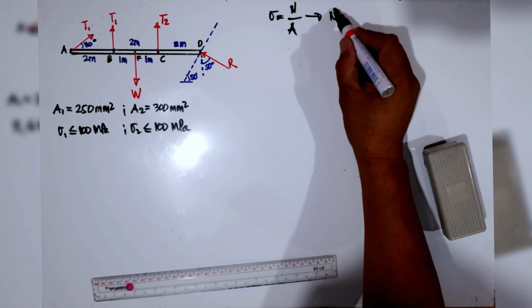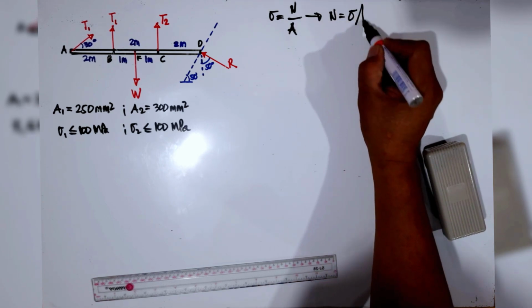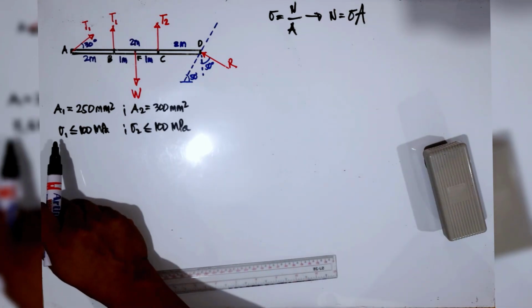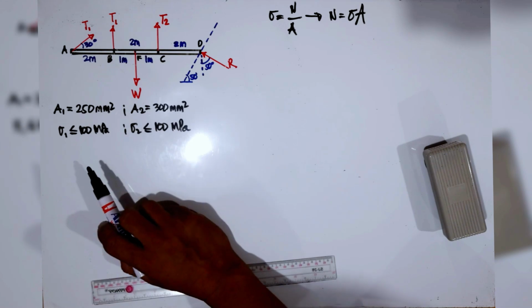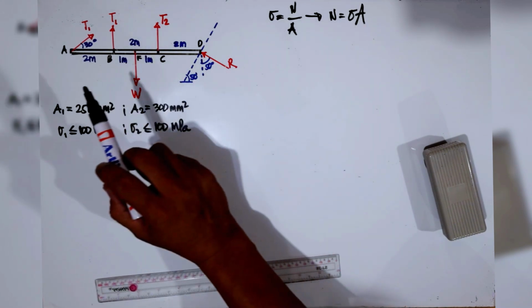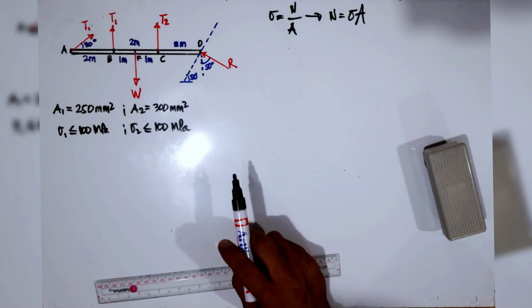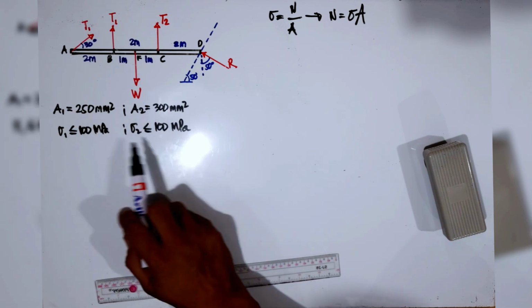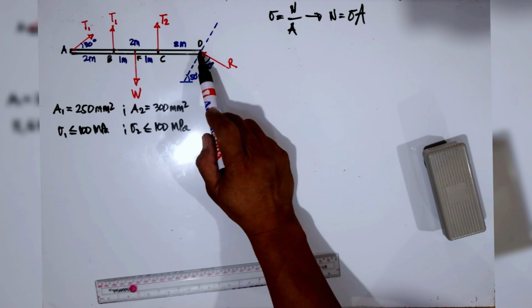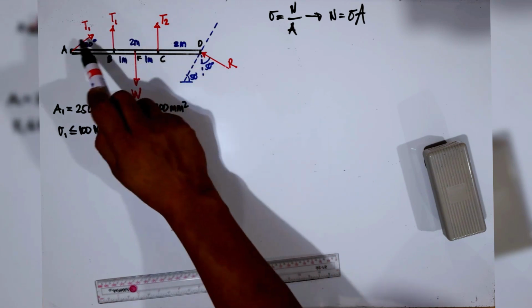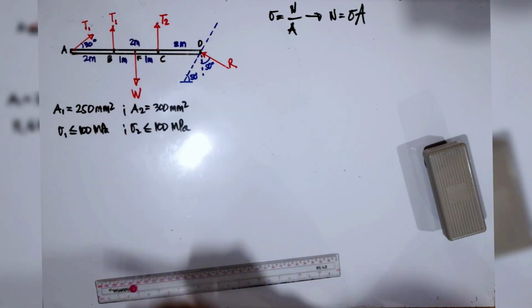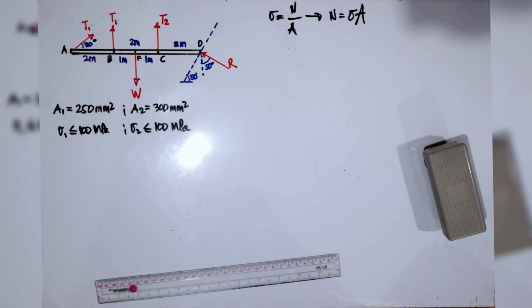That means the normal force is just stress times area. So we have stress and the area, we get the normal force. That means our normal forces are T sub 1 and T sub 2. So they will be solved using this given here. And then sum up moment at point D, with this already known, W will be solved. Well, that solution is wrong.